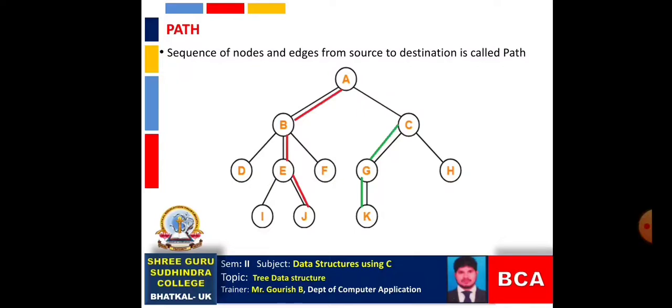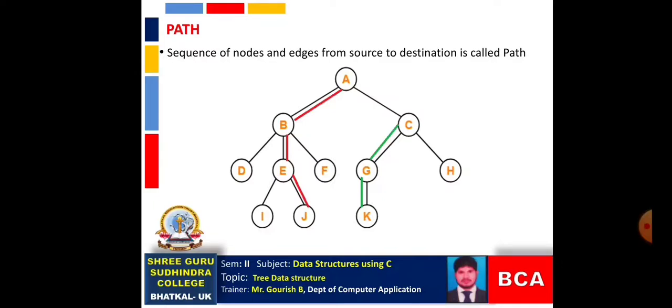This is called the path. A to J means AB one edge, BE another edge, and EJ the third edge. So the path is AB, BE and EJ. Another example is CG and GK, from C to K. These two edges form a path.